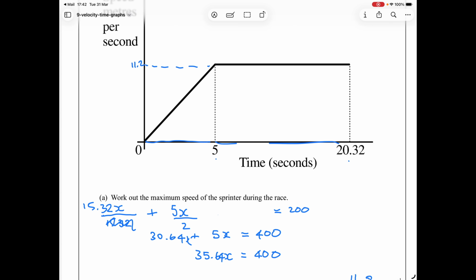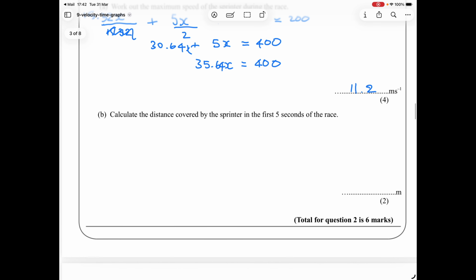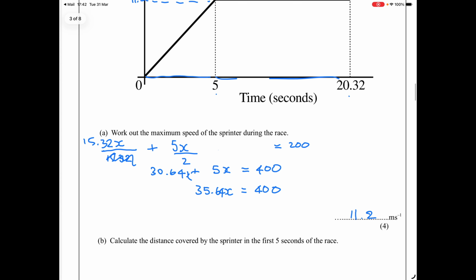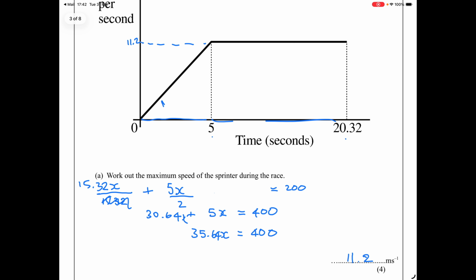Right, what's the next question? The next part of the question is calculate the distance covered by the sprinter in the first 5 seconds of the race. We know that that's just this bit here.